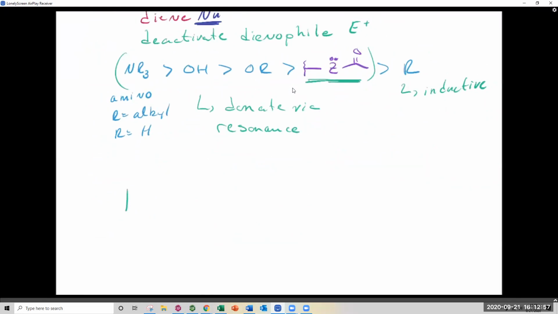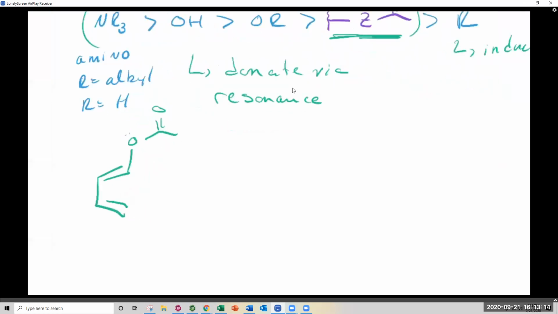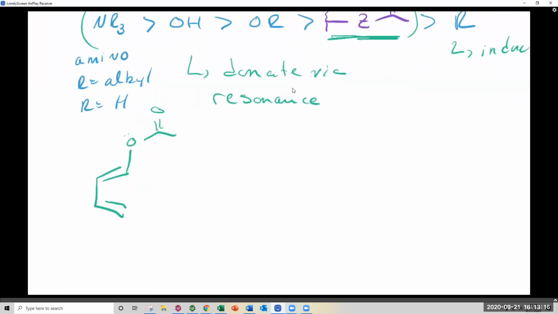So let's take this diene and let's add an ester group here. So we know that we have a lone pair of electrons, and we also know that this lone pair of electrons can resonate either way, either towards the carbonyl carbon or towards my diene. But we're not going to resonate towards the carbonyl because that doesn't prove my point, so we're not even going to bother with that.